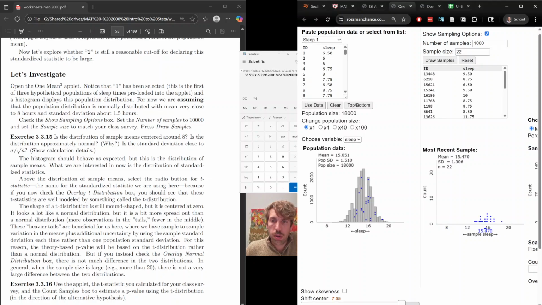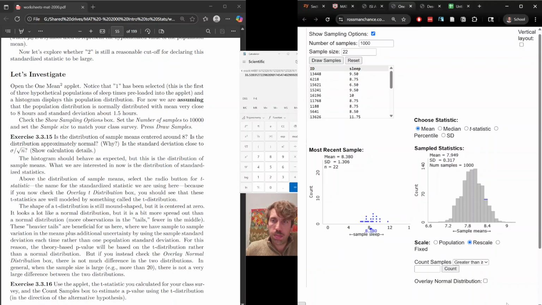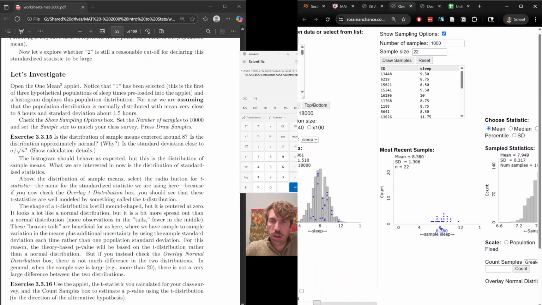So let me scoot over. Oh dear, not good. Keep that back at where it was. Okay, so here we are. So the mean, that looks about right. So if I change this, does that change there? Yeah, it does.